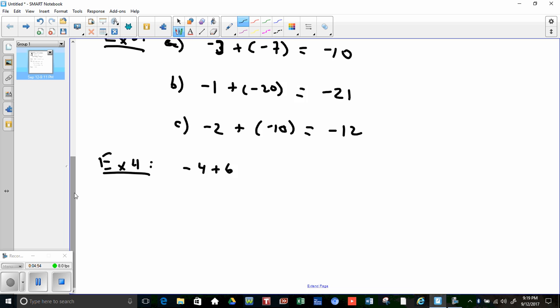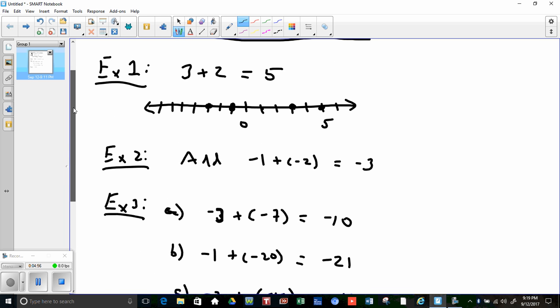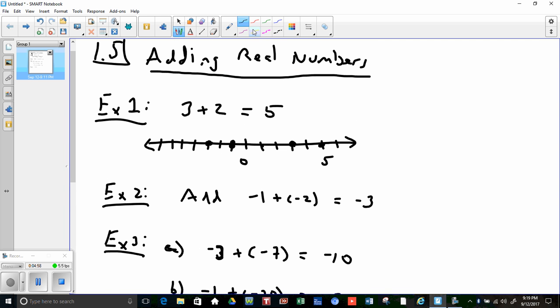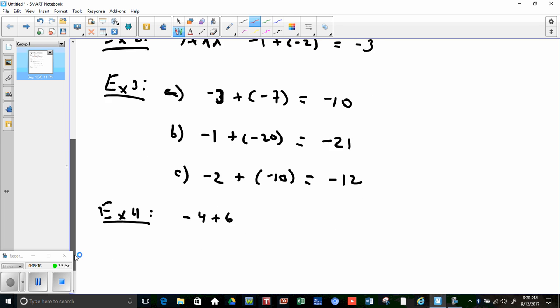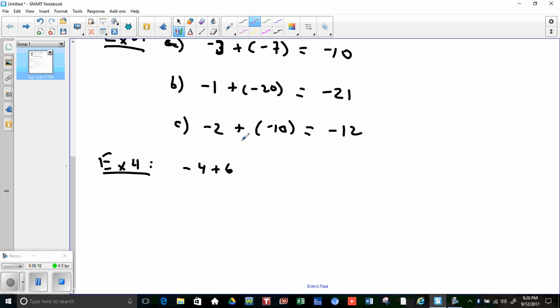So if we go up here back to our number line real quick, if I start 4 to the left, 1, 2, 3, 4, excuse me, I'm going to start here. But then if I come back 6 spaces to the right, 1, 2, 3, 4, 5, 6, I'm going to finish at positive 2.